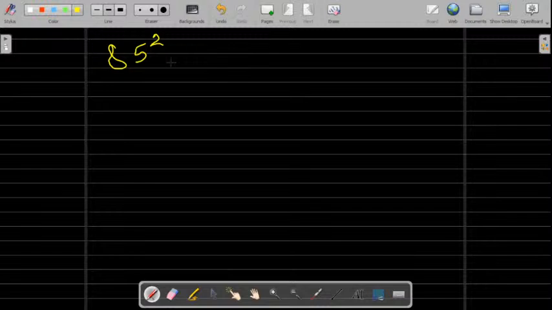Okay, so for such a number, the maximum you will get is 4 digits, right? 5 square means 25. 5 square means you will get 25.